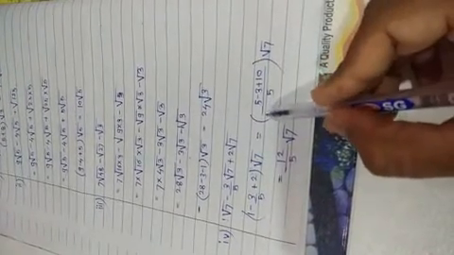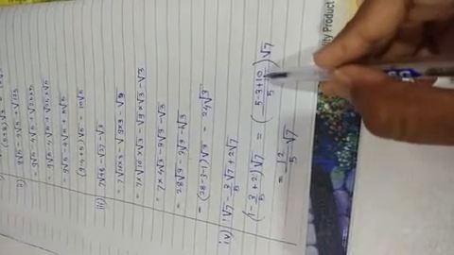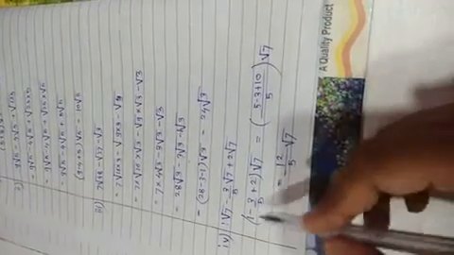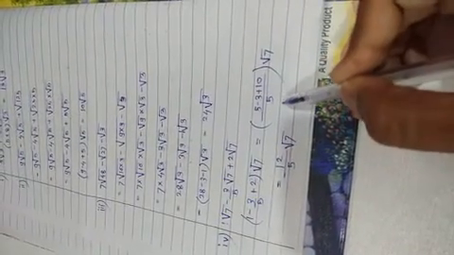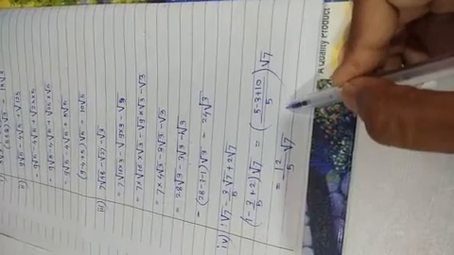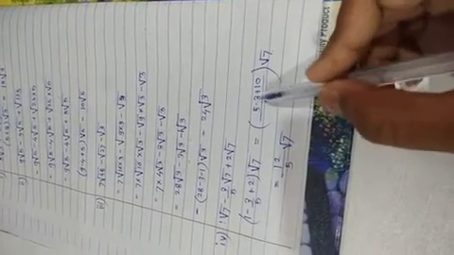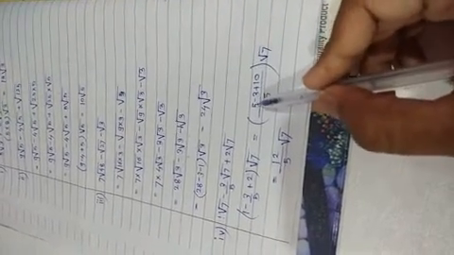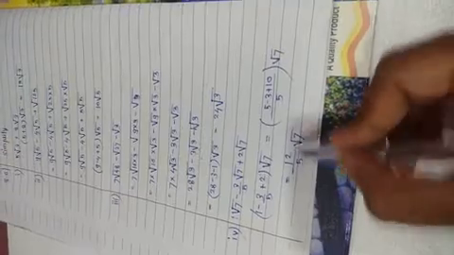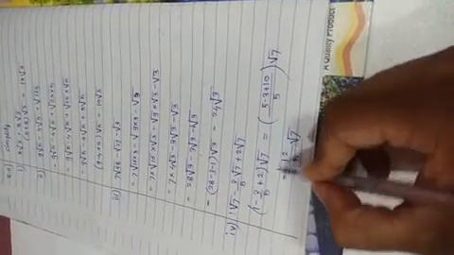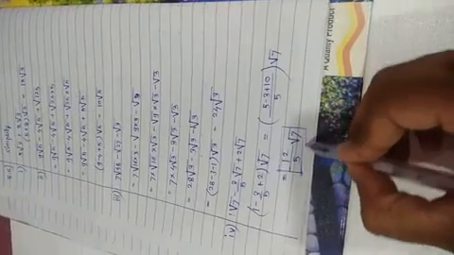So 5 minus 3 plus 10 upon 5, because we have to equalize the denominators. We already learned this operation in a previous standard. So 5 minus 3 is 2, and 2 plus 10 is equal to 12 upon 5, into the multiplier root 7. So our answer is 12 upon 5 into root 7.